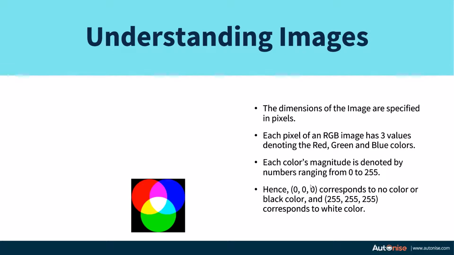So 0, 0, 0 corresponds to no red, no green, and no blue, which corresponds to the black color. And 255, 255, 255 corresponds to red plus green plus blue, which is the white color. Similarly, you can mix different values of red, green, and blue to get any color that you want.